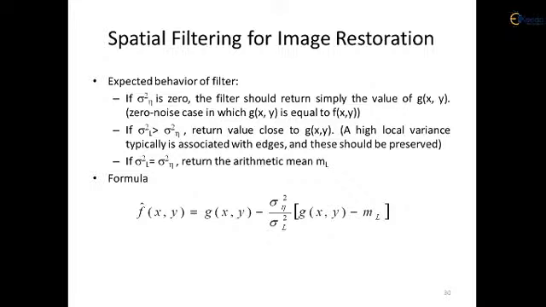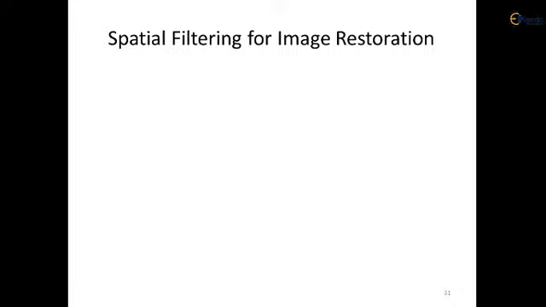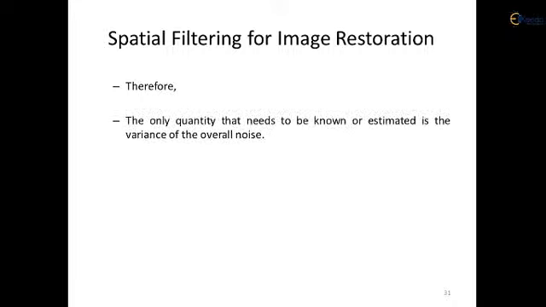So f cap of x comma y is equal to g of x comma y minus the ratio of the two variances multiplied by the square bracket that holds the subtraction of the local mean from g of x comma y. Because of this, the only quantity that needs to be known or estimated is the variance of the overall noise. That is very important here.